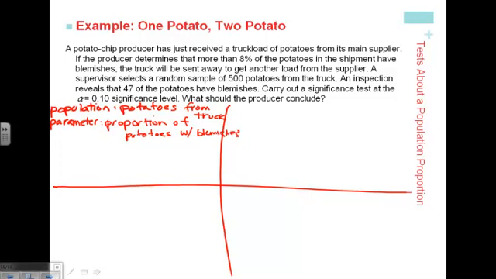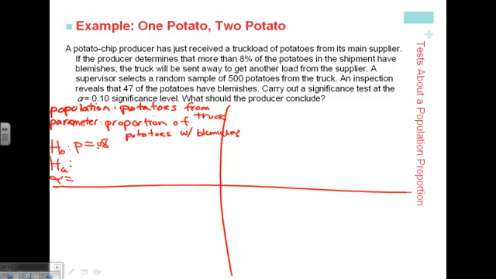Okay. What else do we have to specify in step 1? H0 and HA and alpha. By the way, I always write H0 colon because there's going to be an equal sign in there. I always write HA colon because there's some other relational operator going on there. What's our H0? P is equal to 0.08.